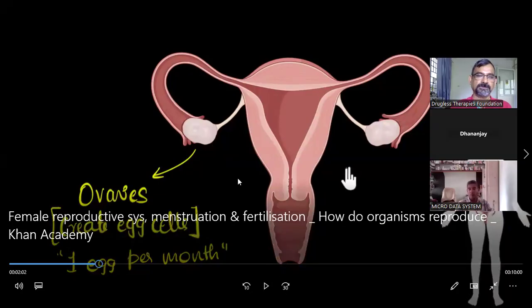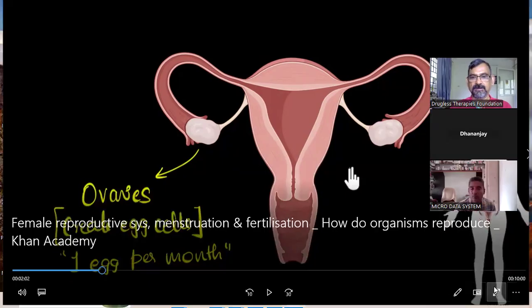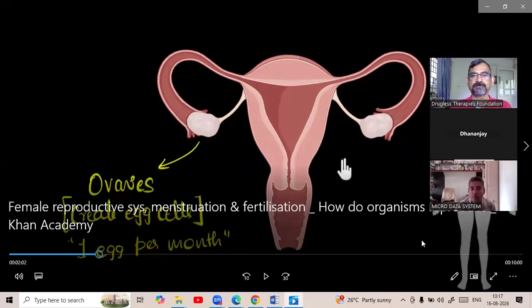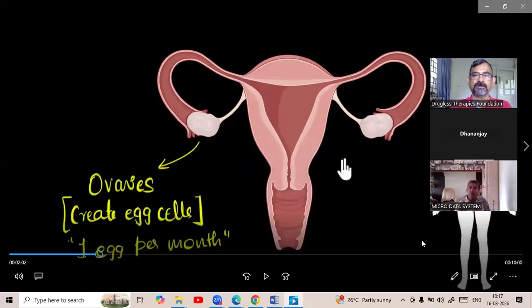I pause here because delayed menstruation is a common problem nowadays. I have seen many cases where even after the age, the female doesn't attain maturity, due to lack of healthy ovaries or not having healthy eggs.